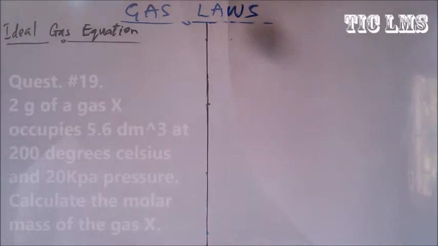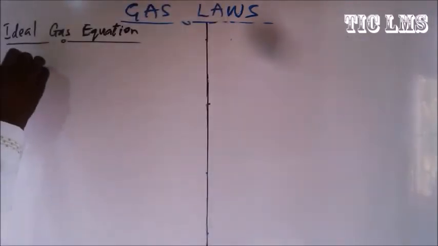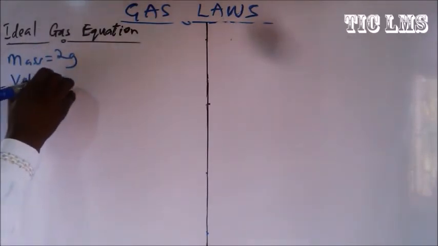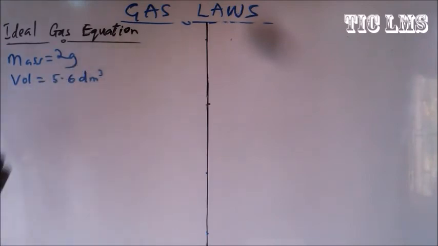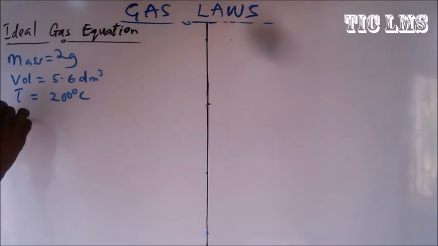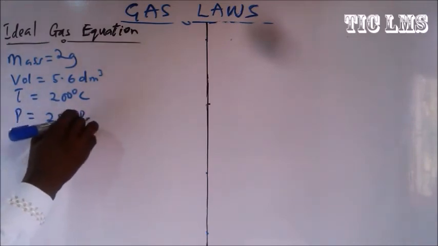Next question says that 2 grams of a gas X occupies 5.6 dm cubed at 200 degrees Celsius and 20 kilopascal pressure. Calculate the molar mass of the gas X. Here we have a gas that has mass 2 grams, and it occupies a volume of 5.6 dm cubed at a temperature of 200 degrees Celsius and a pressure of 20 kilopascal.